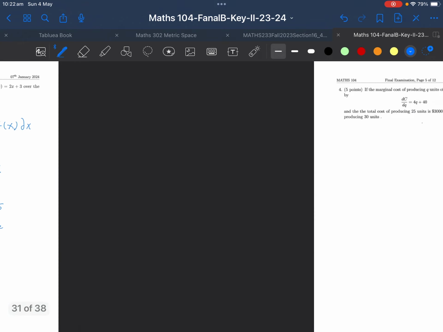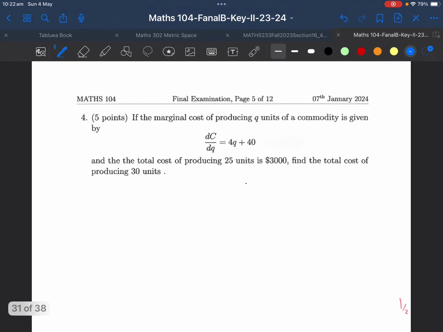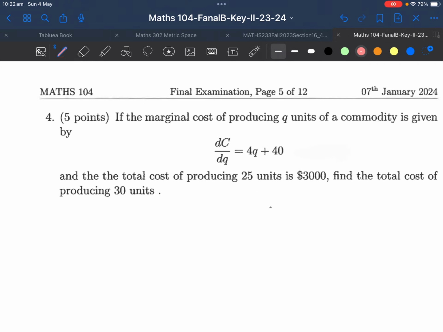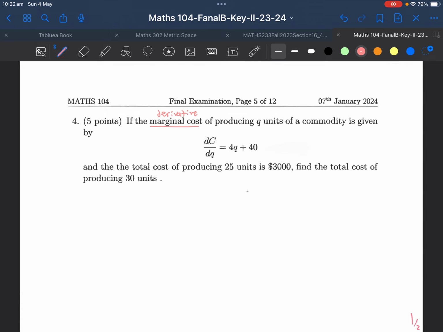Now, the final question in the written questions before we move to the multiple choice questions is how we find the cost if we were given the marginal cost. Remember, if you have the marginal cost, marginal something, this means I'm giving you the derivative. So please find, you have the derivative, what is the original function? In order to find C of Q, we need to do the integration of the derivative.